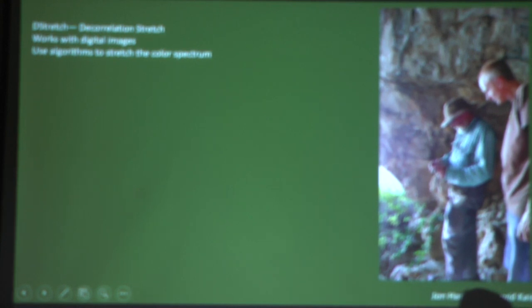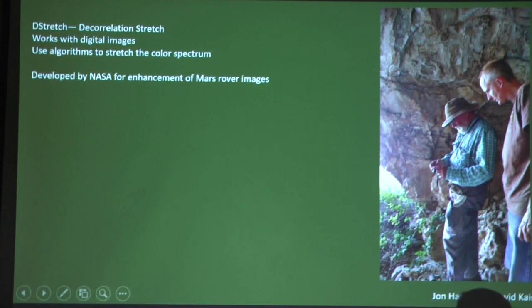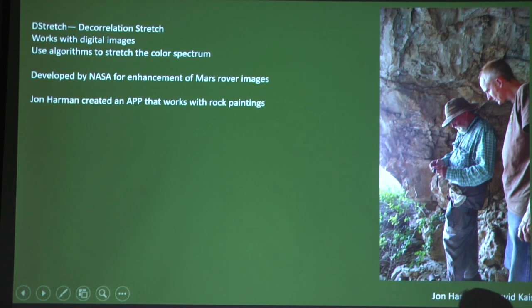And it was developed by NASA for the Mars rover images, and then they made it public, and this guy named John Harman, who you see there on the right, created an app. He was interested in rock art and rock paintings, and he made it work better with rock paintings.